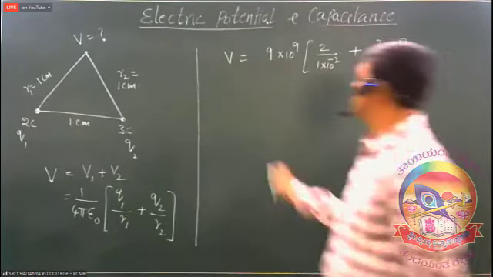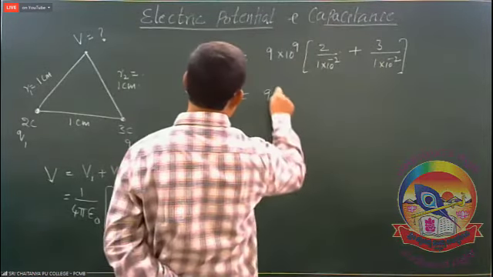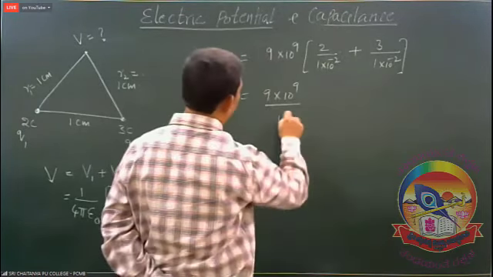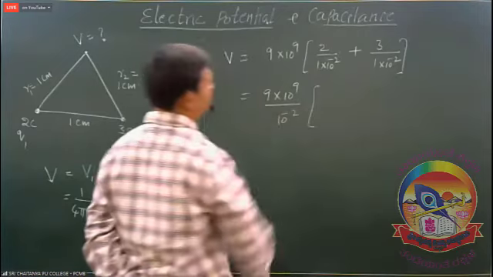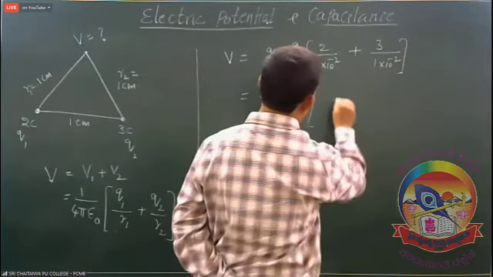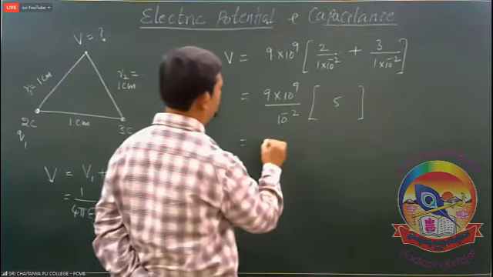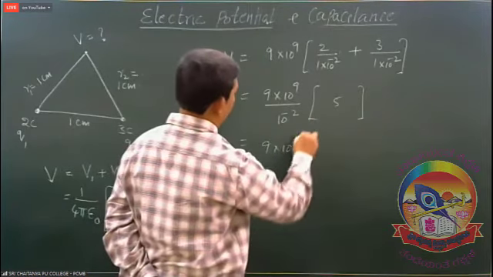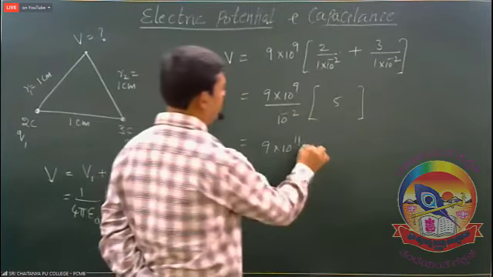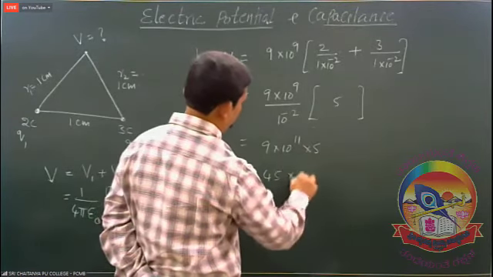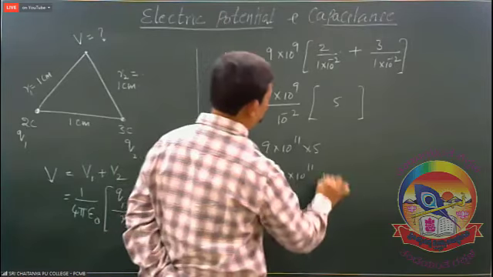Bringing the 10 power minus 2 outside, 3 plus 2 is 5. So 9 into 10 power 11 into 5, which is 45 into 10 power 11 volt.